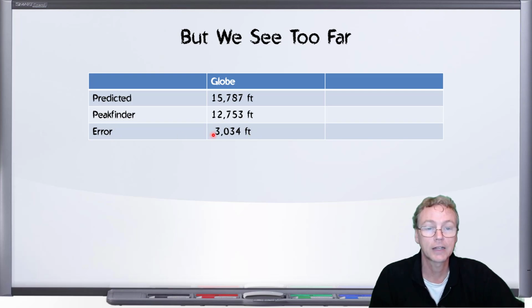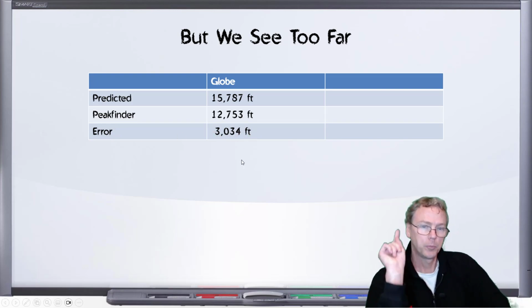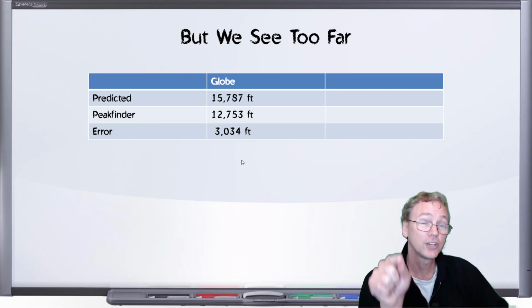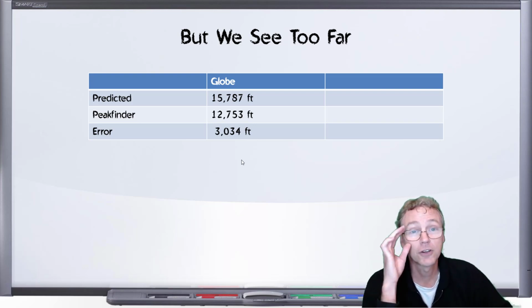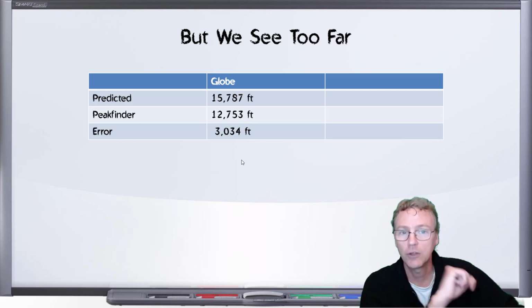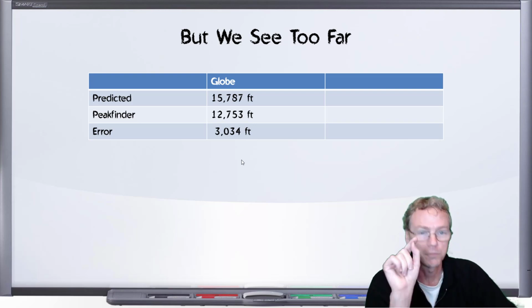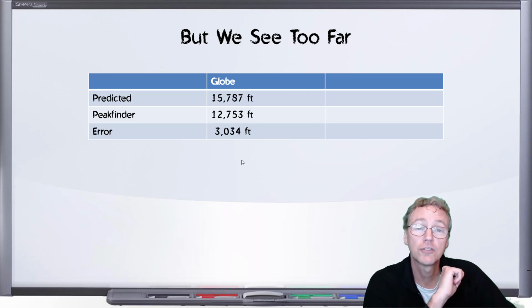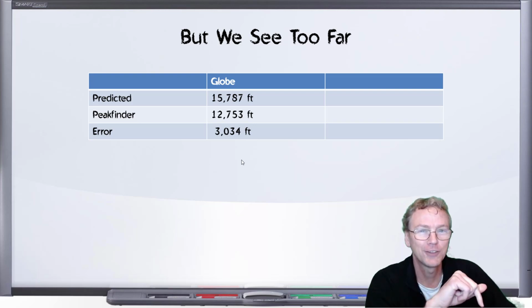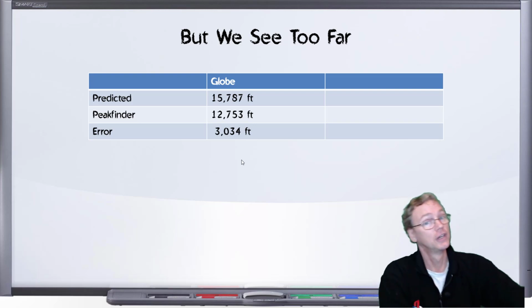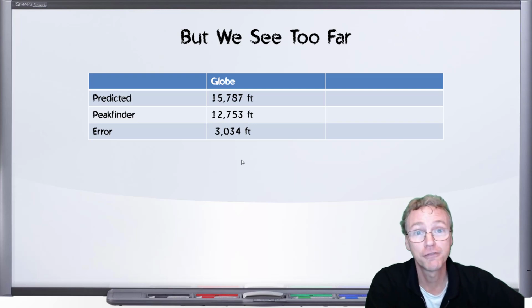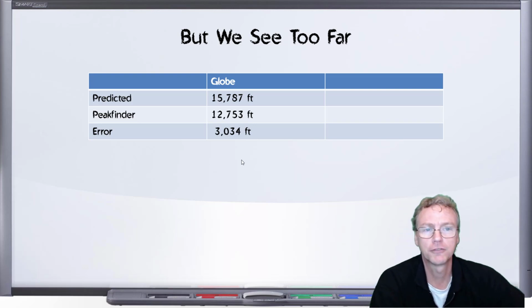So we subtract and we find Peakfinder disagrees with that Earth curve calculator by 3,000 feet. Peakfinder is showing us 3,000 feet too much. That's pretty bad, right? That's pretty far off. Wow, that's a major fail for this globe hypothesis.